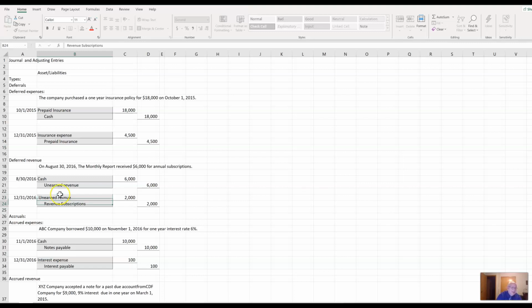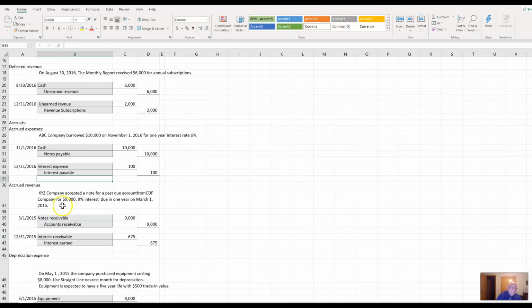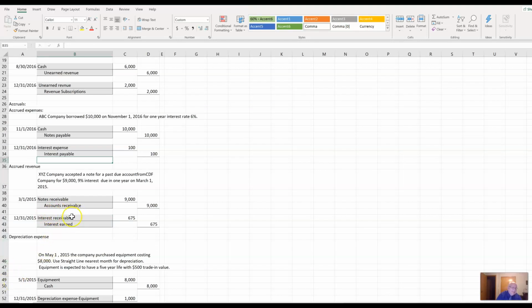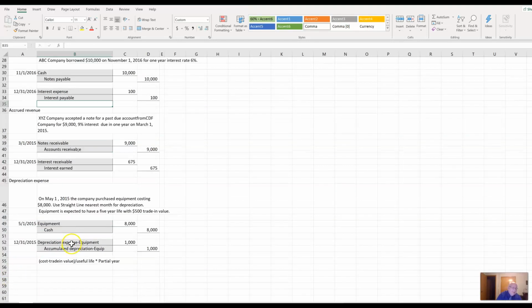That's the balance sheet, income statement, balance sheet. And then this is a balance sheet, income statement, balance sheet. Okay, and this is how you calculate the depreciation on it.